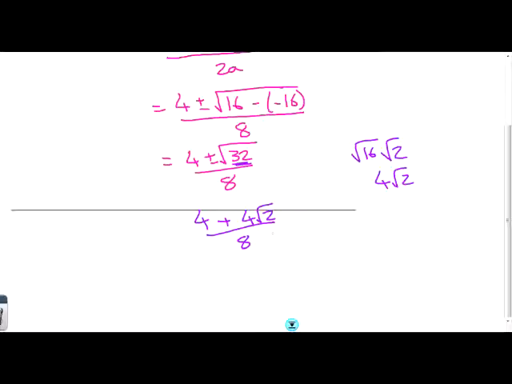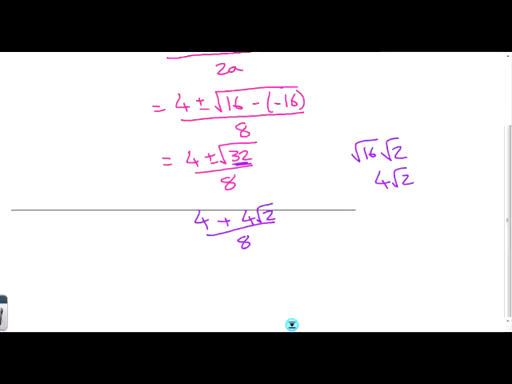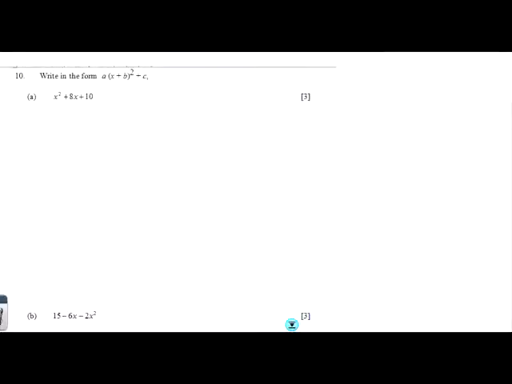Now that's your final answer. This is it in its exact and simplified form. But what you could do is this. You could say it's a half plus a half root 2 if you wanted to, but it's exactly the same, so there's no need.